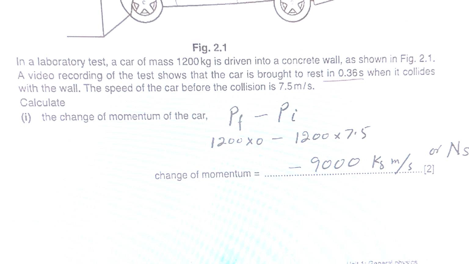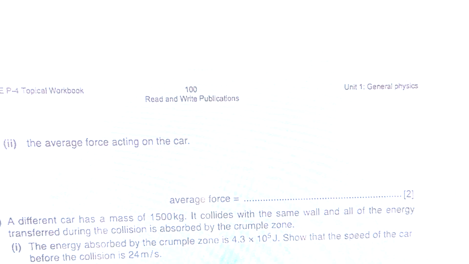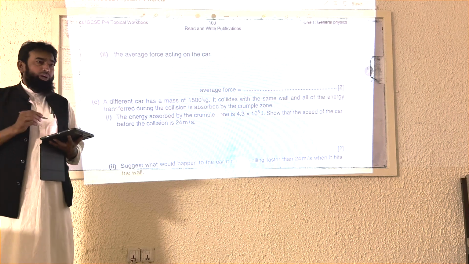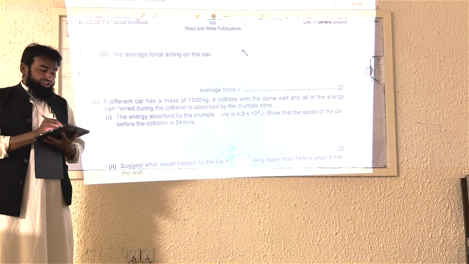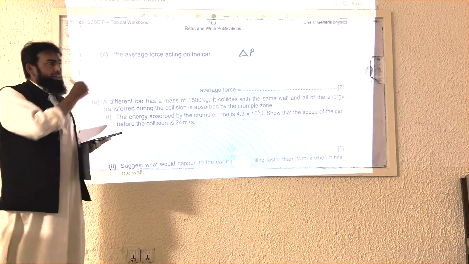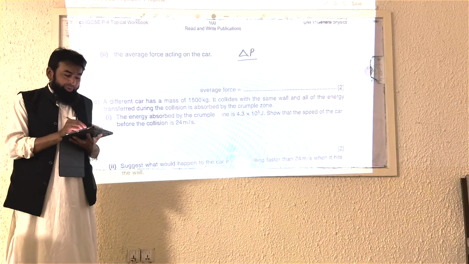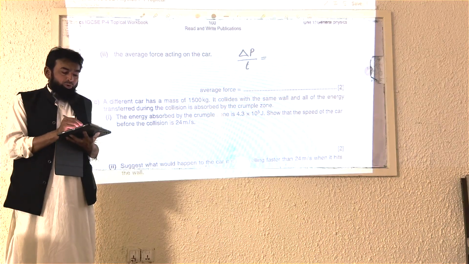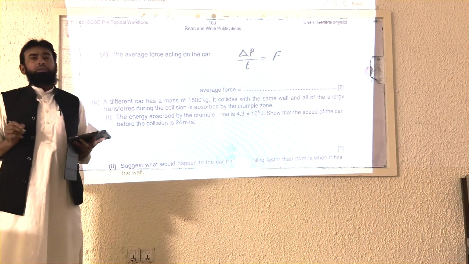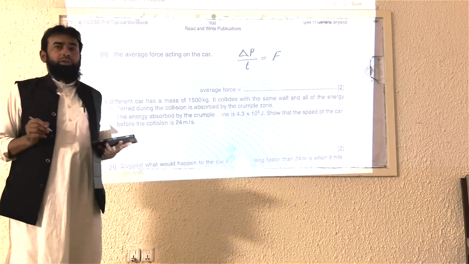Now here you can see the data: 0.36 second is the time, and we have also calculated the change in momentum. If you remember, I told you a formula: the rate of change of momentum, delta P, the change in momentum divided by time, is equal to force.